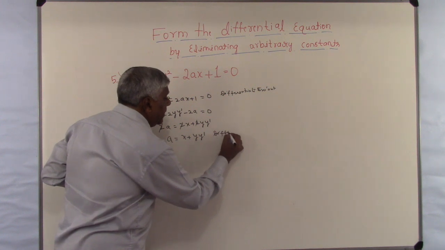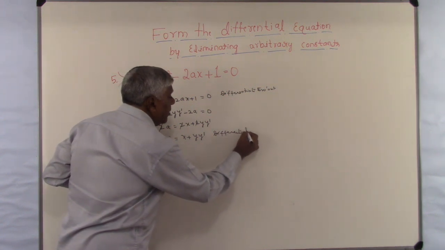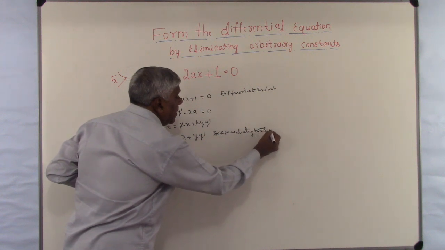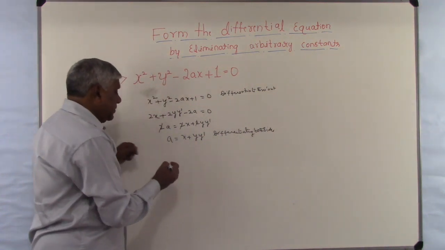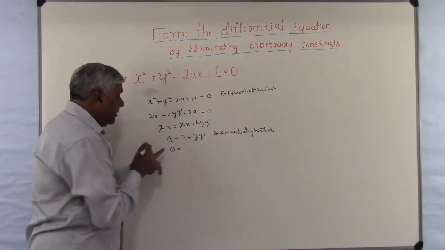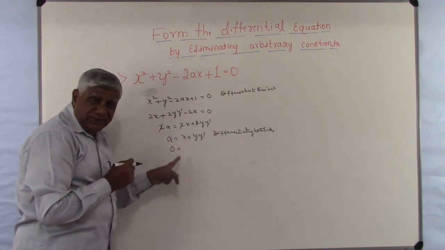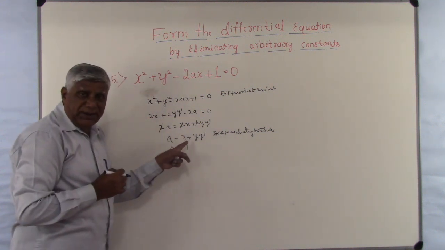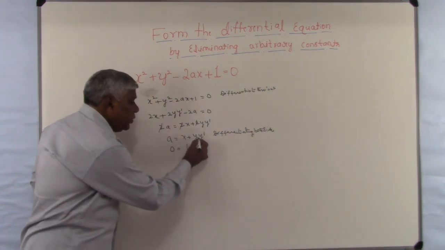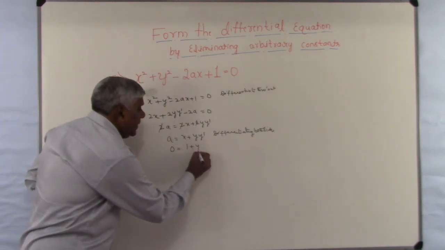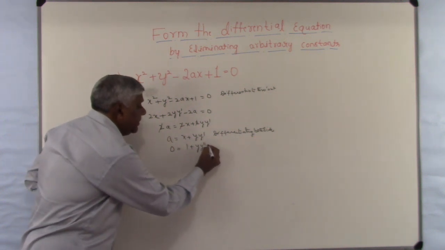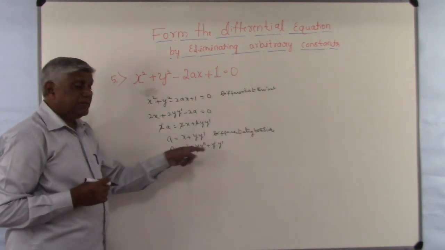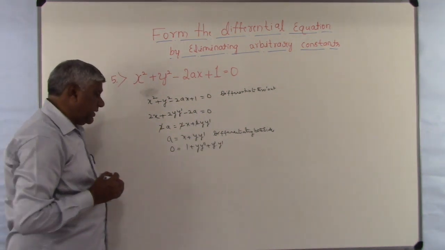Differentiating both sides. Now this becomes 0 because differentiation of a constant is 0. Differentiation of x is 1, plus here it is uv, y double dash plus y dash into y dash.